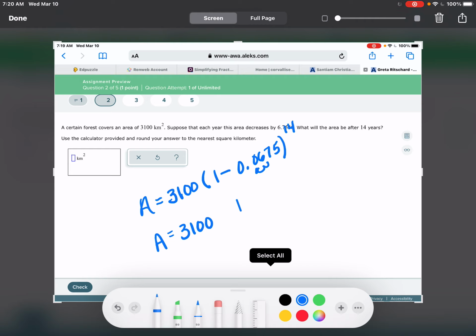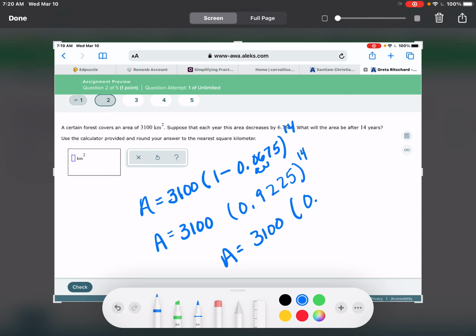Alexa, what is 1 minus 0.0675? 1 minus 0.0675 is 0.9325. Alexa, what is 0.9225 to the 14th power? 0.9225 to the power of 14 is approximately 0.3232.